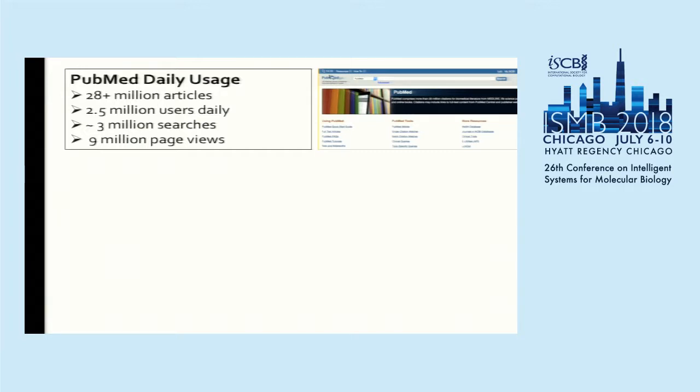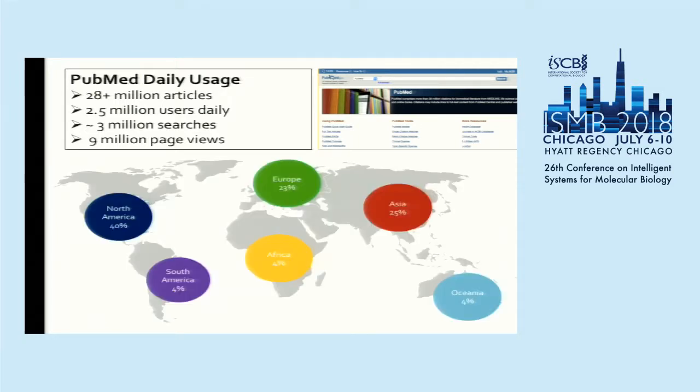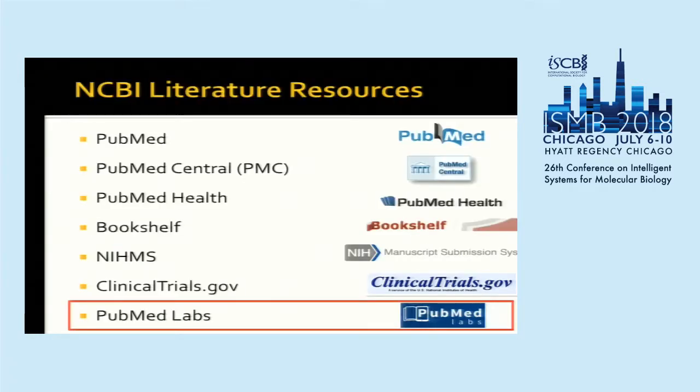And it's used not just by people in the US. We still have 40% of users coming from the US and North America, but also 25% from Europe and Asia as well. If you're familiar with NCBI literature resources, we have PubMed, we have PubMed Central, which is a full-text resource, we also have Bookshelf, and so on and so forth.